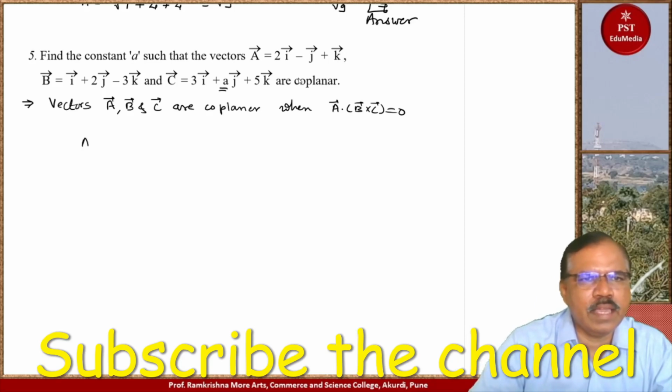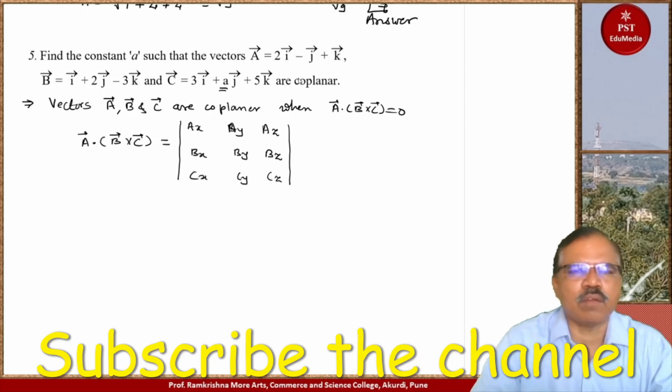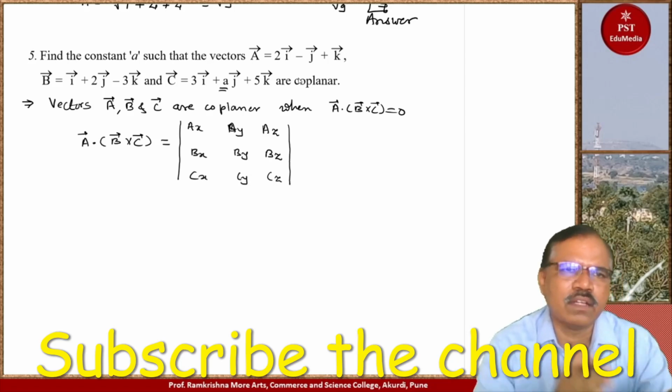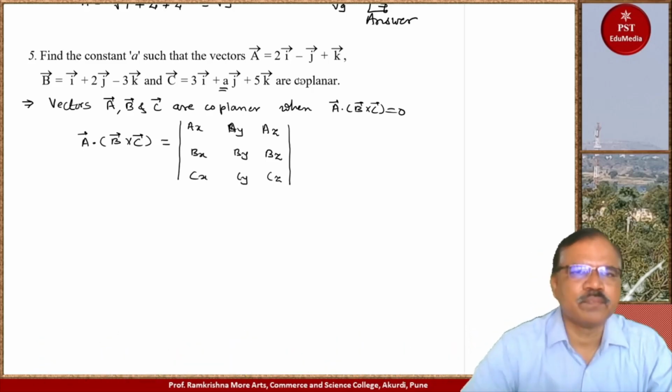So A dot B cross C is equal to, now we can find it by the determinant method: AX, AY, AZ, BX, BY, BZ, CX, CY, CZ. We can find it this way. Or first you can find B cross C and then take the dot product of A with B cross C. So here this is the simple one.